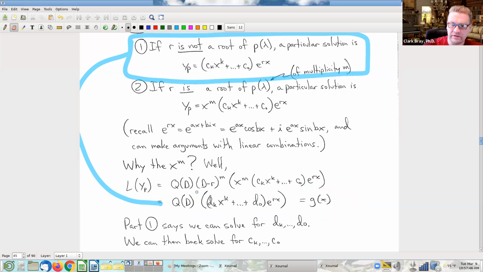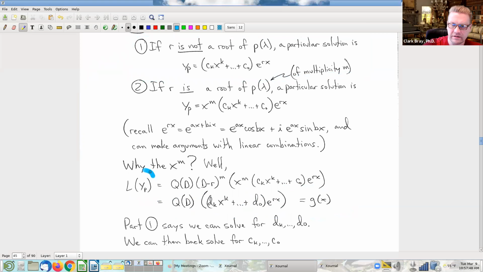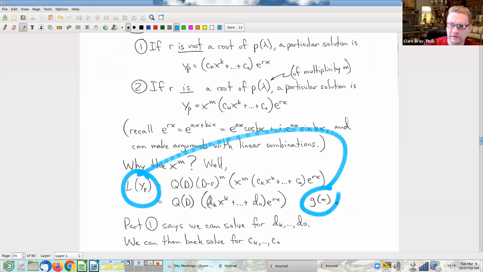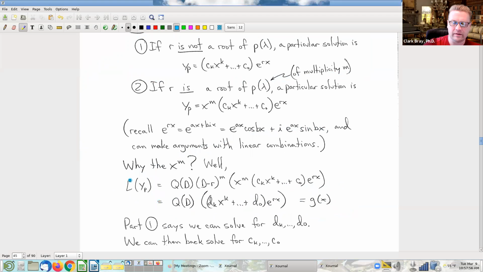So can I use that then, we ask, to solve that equation, where you'll notice that my differential operator does have r as a factor? So how do we deal if r is a factor, a root of multiplicity m? What do you do with that?